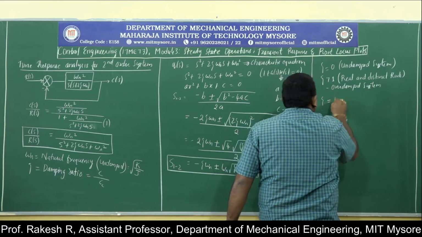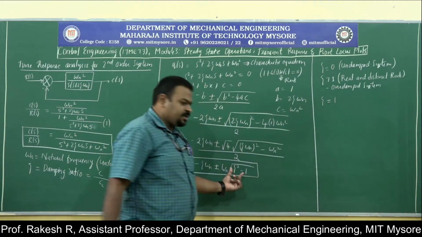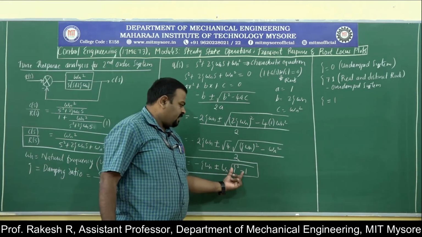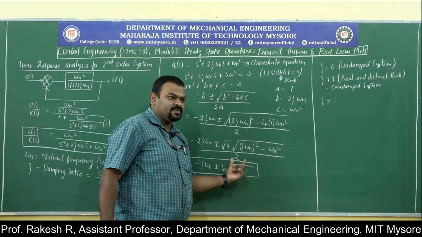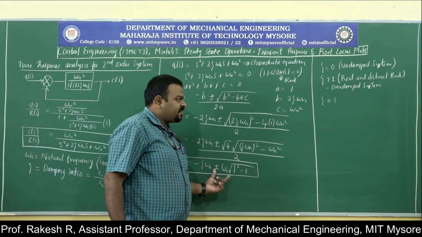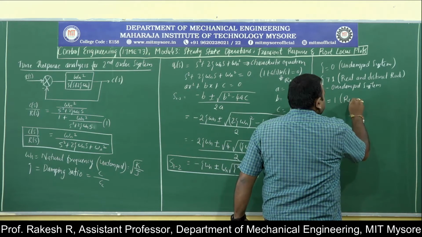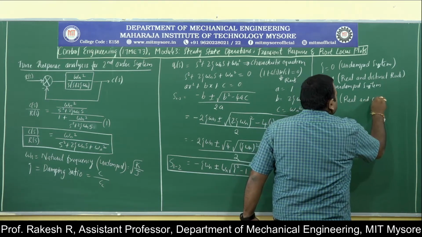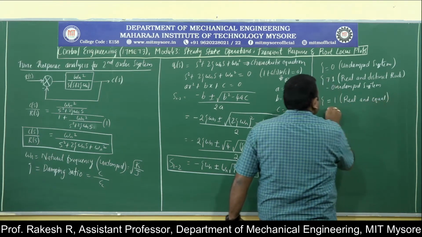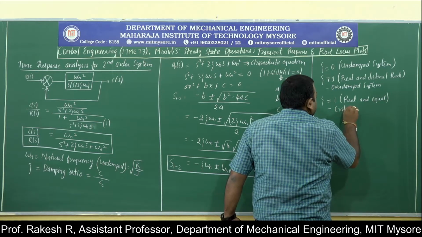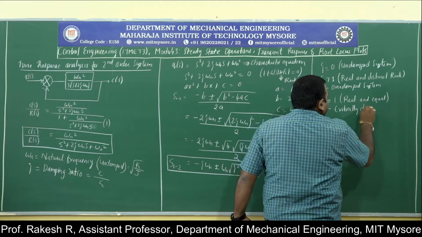If zeta is equal to 1, again 1 minus 1 will be 0, square root of 0 is 0. The same thing, but we won't get imaginary here. Here we will get roots that are real and equal, which is the critically damped system.